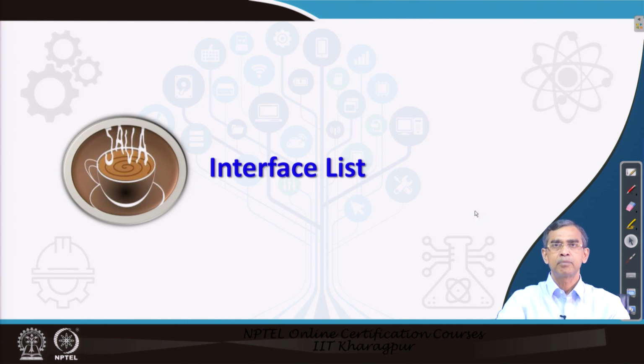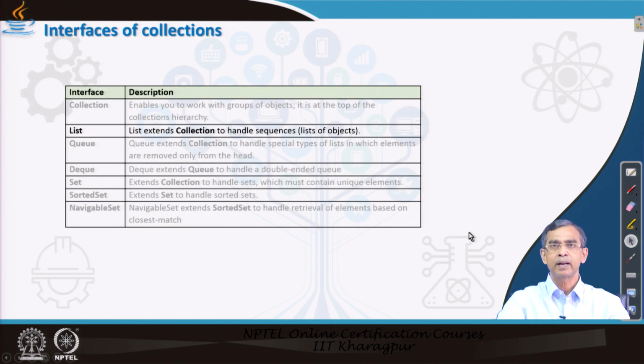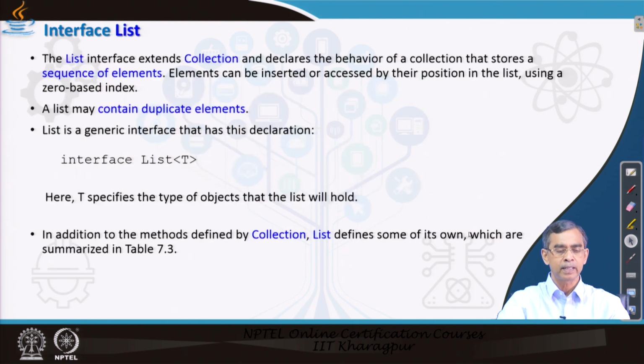Now, let us come to the discussion of the interface List. You will be able to see what the different methods declared in the List interface are. Interface List is basically another form of collection, another way that a group of elements will be stored, in list form. That is definitely different from the other form, like the array form.